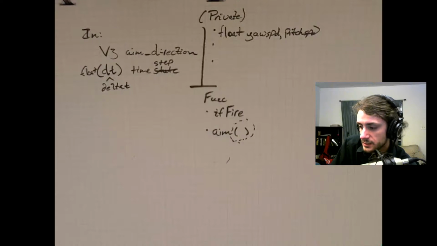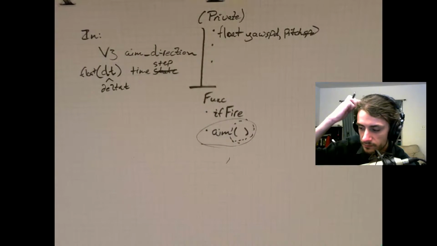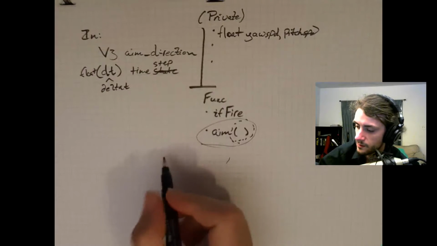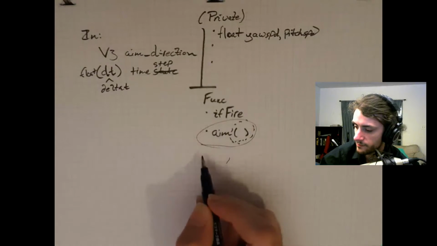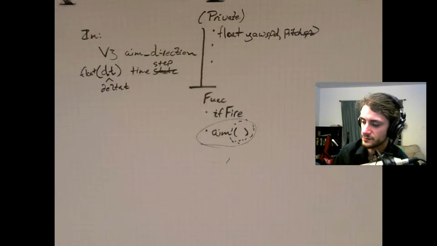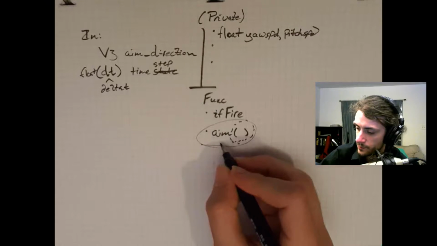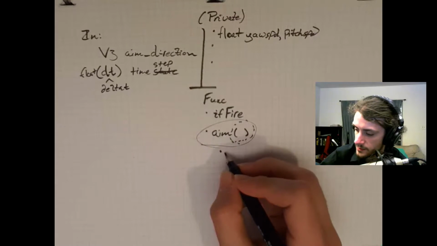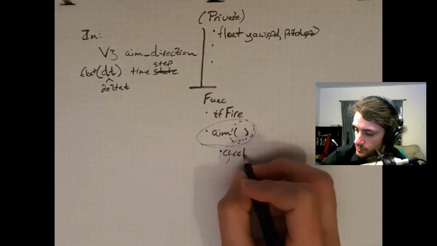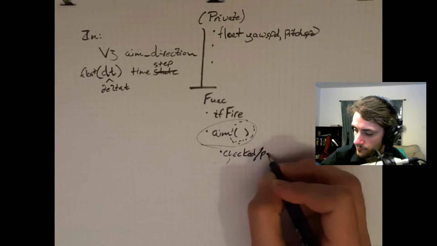I'll figure this one out when we get to it. And then what outputs? I don't know if we're gonna have really any outputs yet. Essentially though, the important thing for the aim is that it's checked or performed every frame.